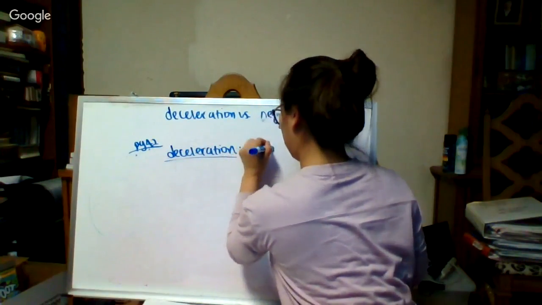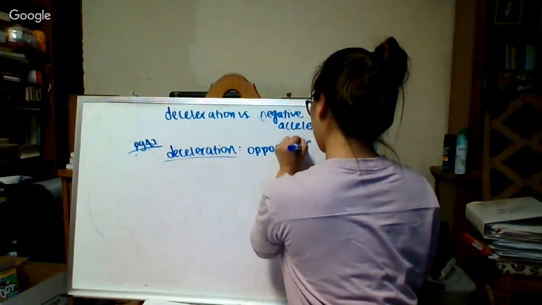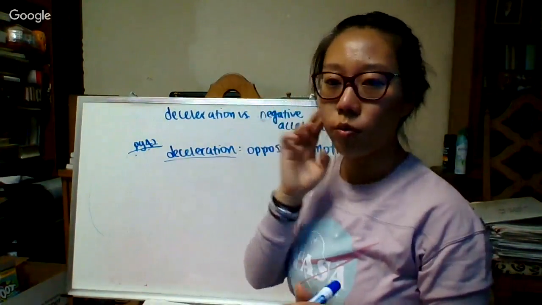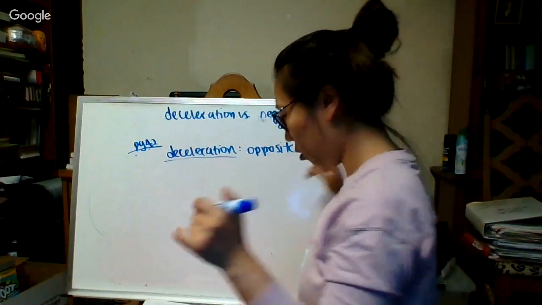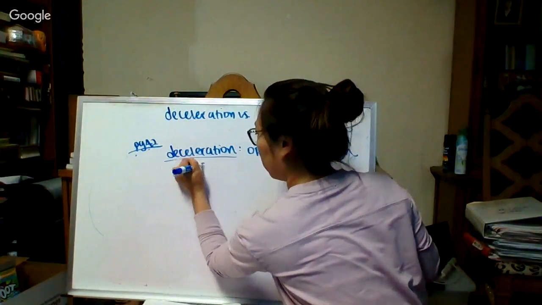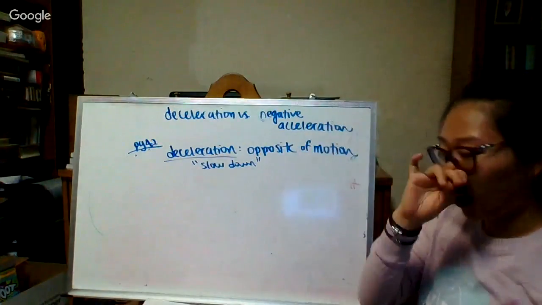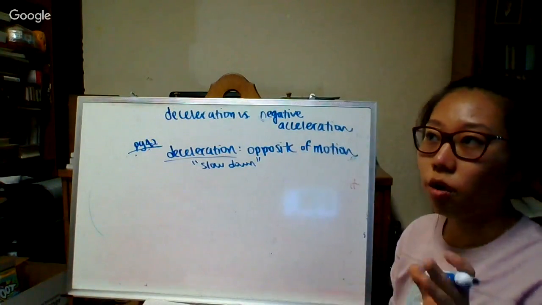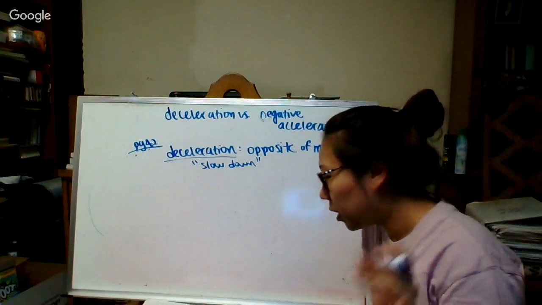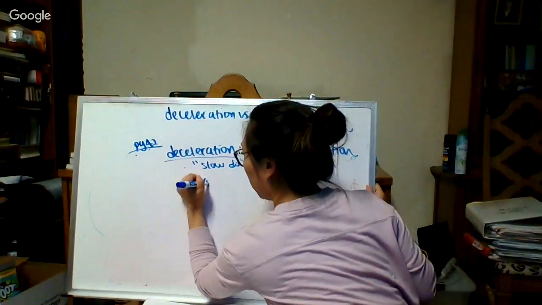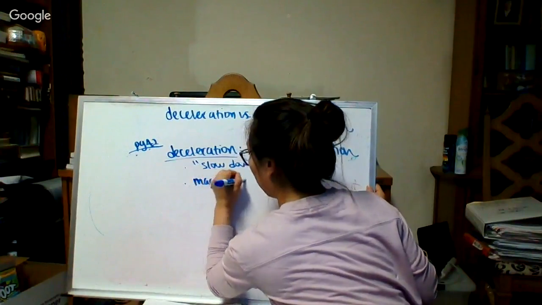Since it is the opposite of motion, it's basically the word you say when you slow down. And how you know it is if the magnitude of your final velocity is smaller than your initial. And it's magnitude. That's the key.